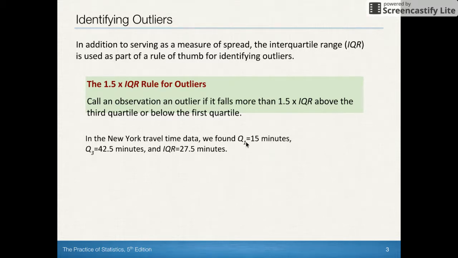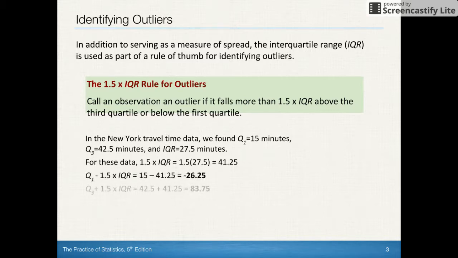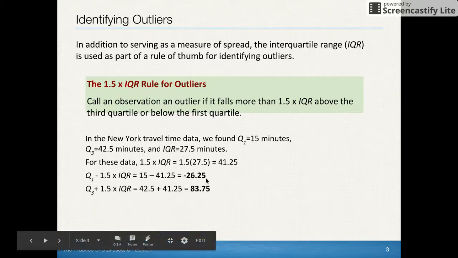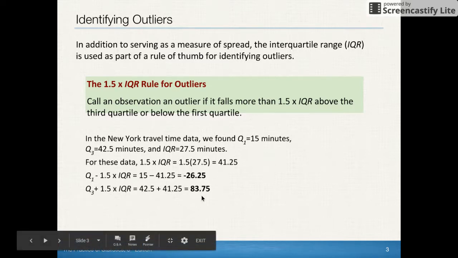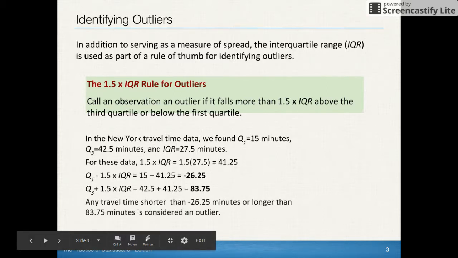Then you subtract that from Q1 to get your lower bound, and you add that to Q3 to get your upper bound. So in this case, if you had a number that was less than negative 26.25, that would become an outlier. Or if you have a number that's greater than 83.75, that would be an outlier.